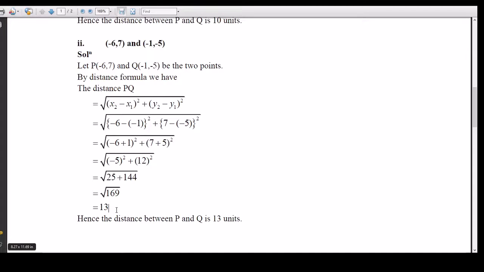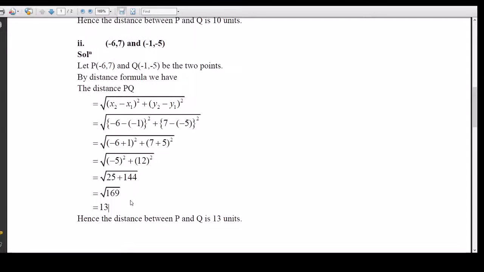It depends upon the measurement that has been taken. If these points are measured in meter or centimeter, the unit will be meter or centimeter. It depends upon the plane, what measurement is being taken for getting these points P and Q. Clear?